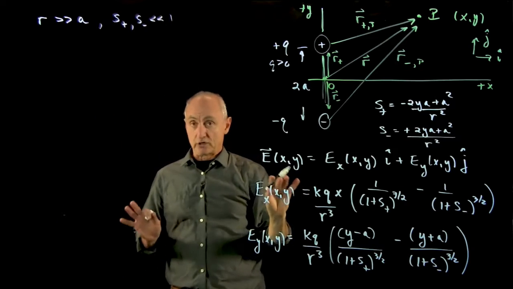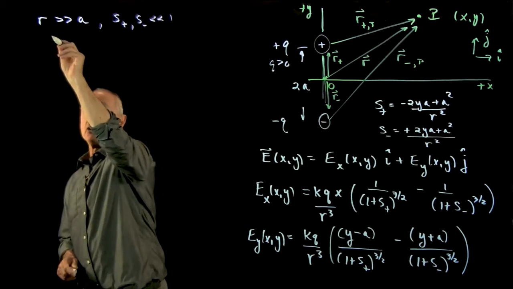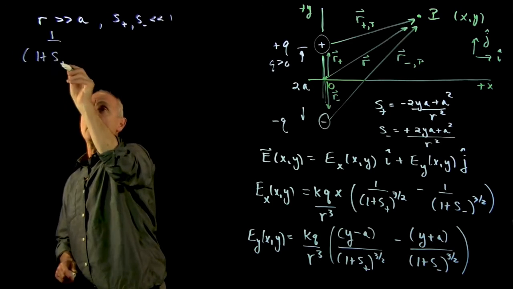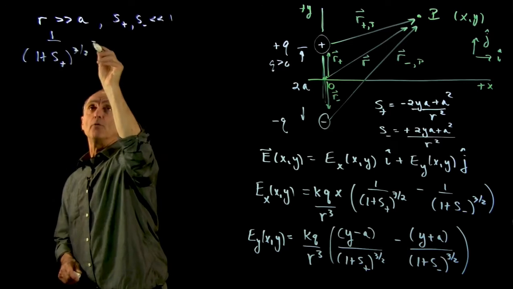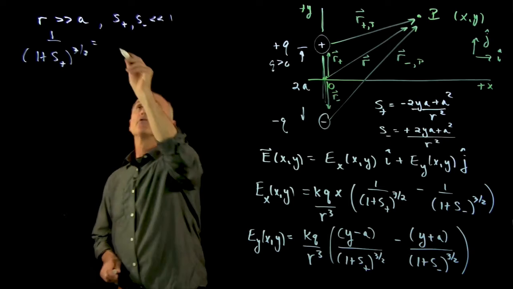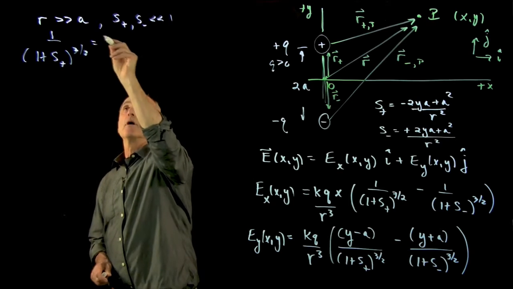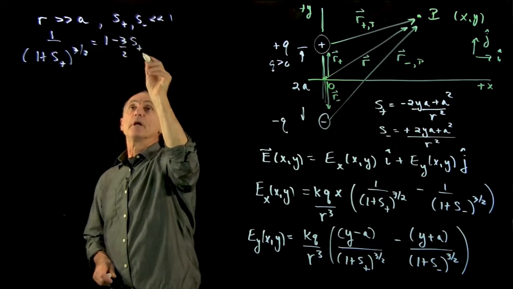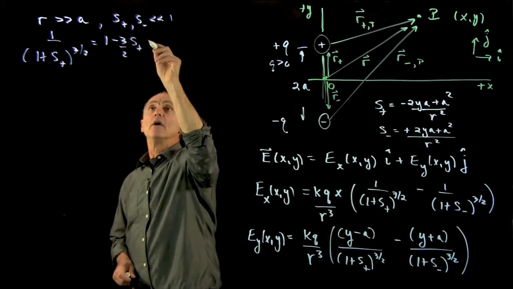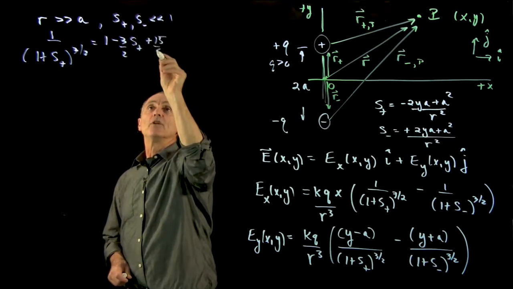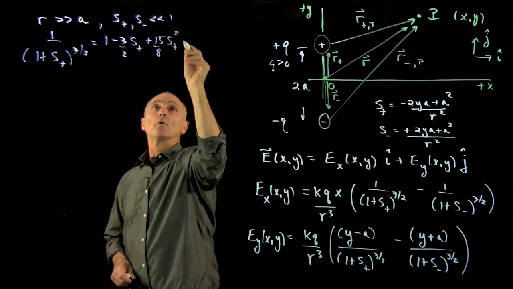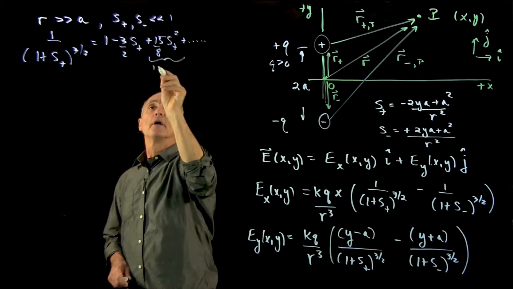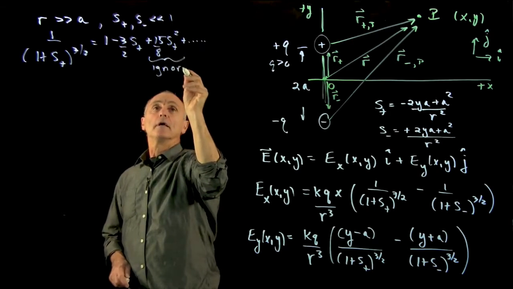And that's what we're going to exploit in this expansion, because we have the result of applying the binomial theorem that this quantity is 1 minus 3 halves s plus. Now, the next term in here turns out to be 15 over 8 s plus squared, and that series goes on. But this is the term that we're going to ignore.